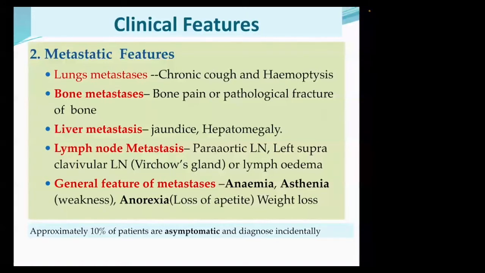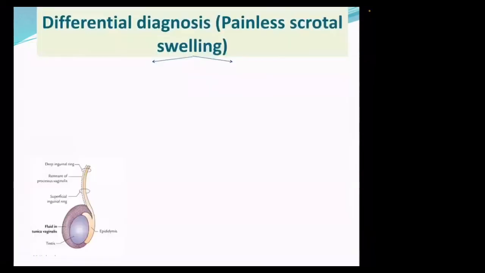In some cases of germ cell tumors, you may find a patient might have gynecomastia due to hormonal imbalance, and also in some patients there may be a secondary hydrocele. What is that? Let me explain. See this picture.